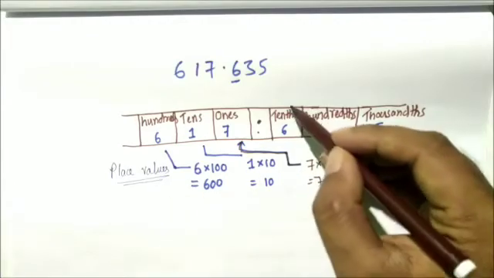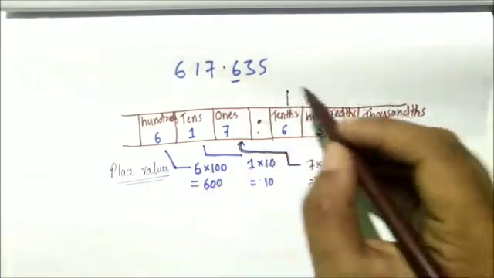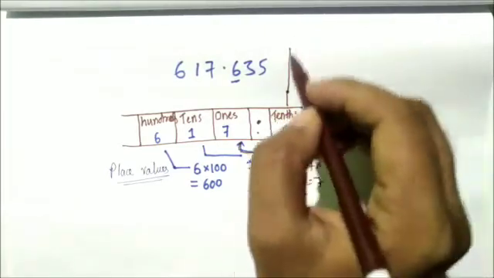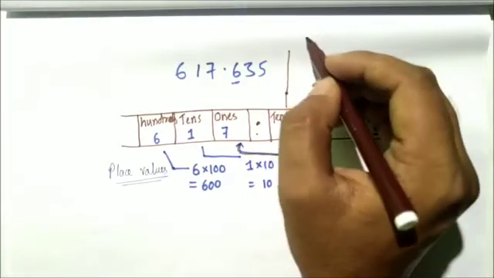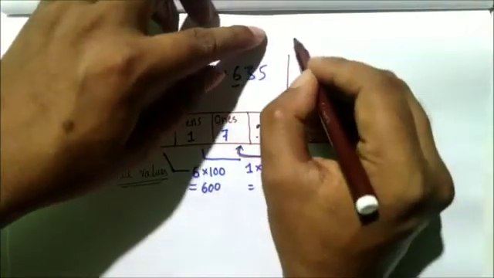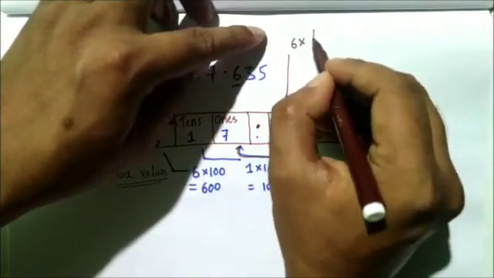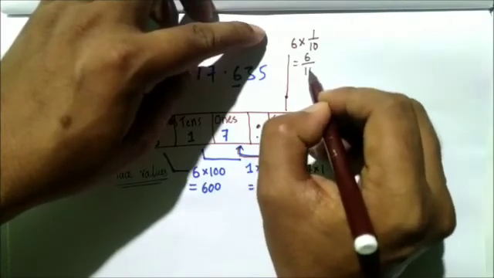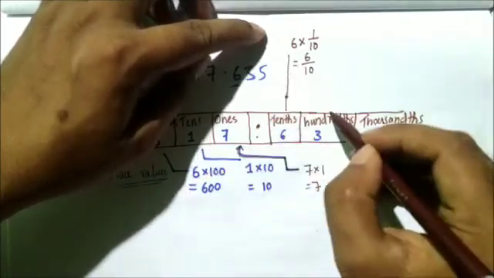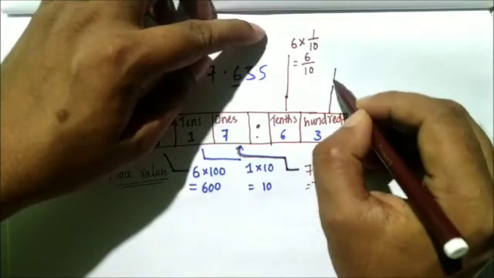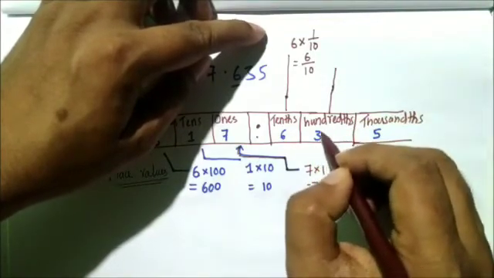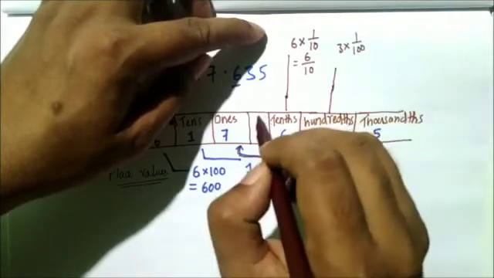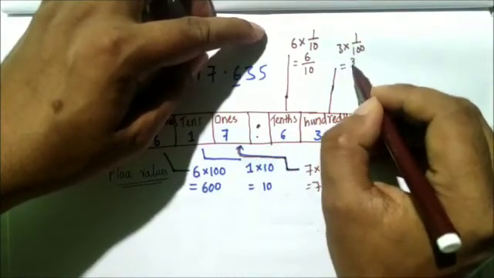This 6. This 6 is placed at the place of tenths. And do you know the tenths is expressed as 1 by 10. So 6 into 1 by 10, that is what? 6 by 10. This 3 is placed at hundredths place. So 3 into 1 by 100. And the place value will be what? 3 by 100.